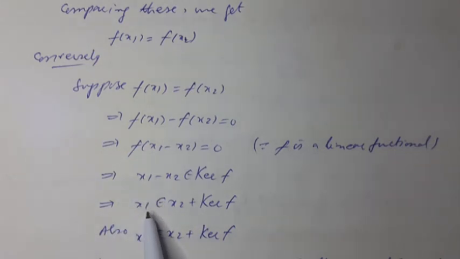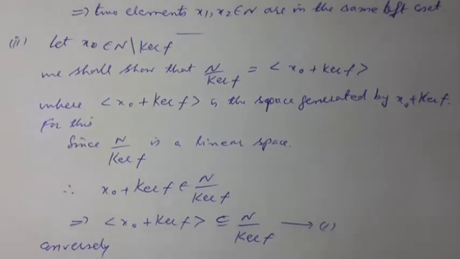This implies x1 belongs to x2 plus kernel f. Also, obviously, x2 belongs to x2 plus kernel f. This implies two elements x1, x2 of normed space N are in the same left coset. Note it.